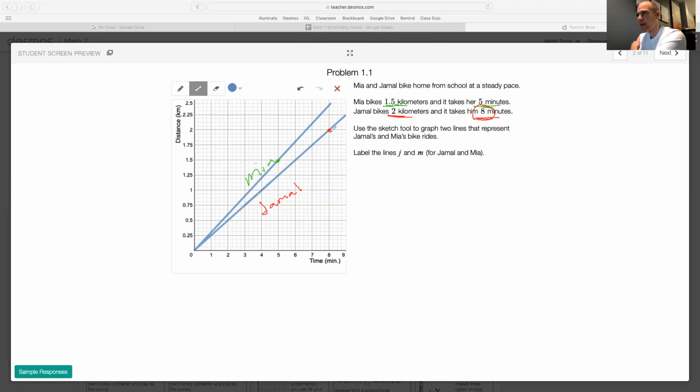In 8 minutes, Jamal went 2 kilometers, but in 8 minutes, it looks like Mia went something between 2.25 and 2.5. So Mia's going a little bit faster, and I recognize that as Mia's line being a little bit steeper than Jamal's. Their speed is being represented by how steep this line is. All right, so let's move on to the next one.